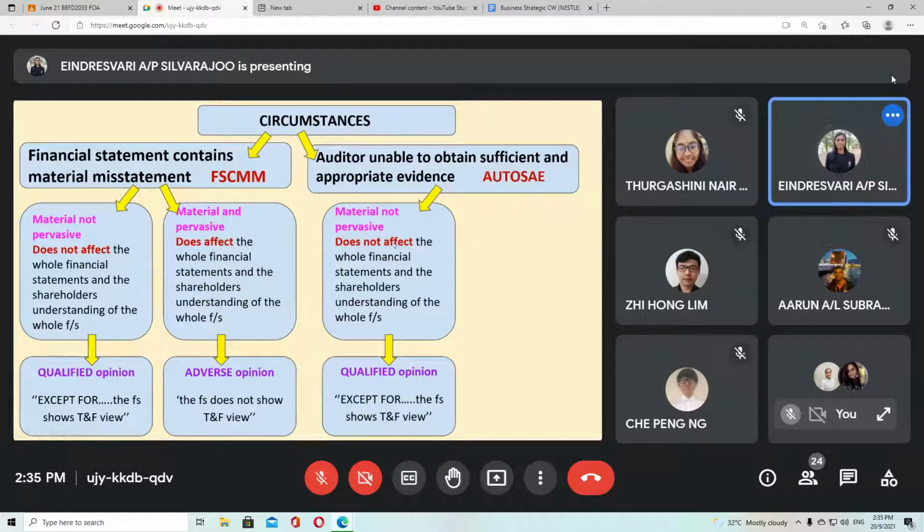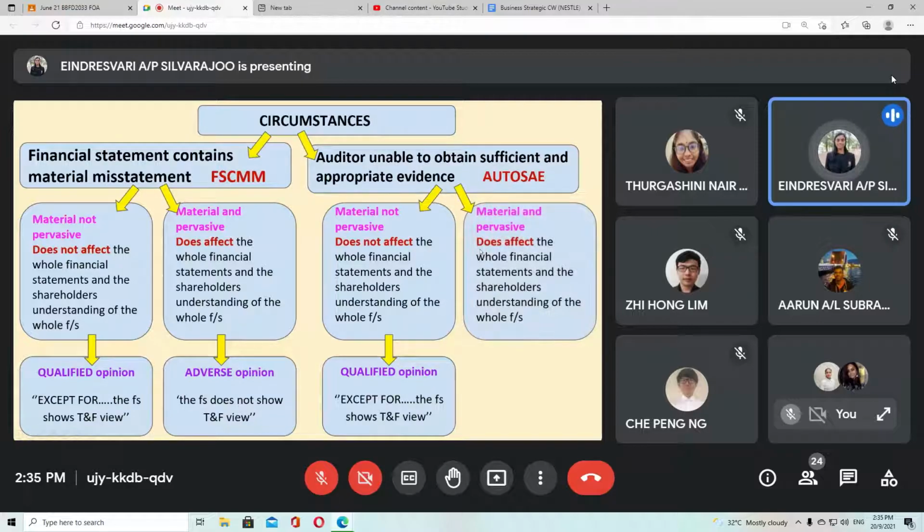So we will issue AUTOSAY. But if the whole financial statement is not available, there are no ledgers, no accounting records because of fire, then in that case it is considered material and pervasive. That means the whole financial statement is affected.